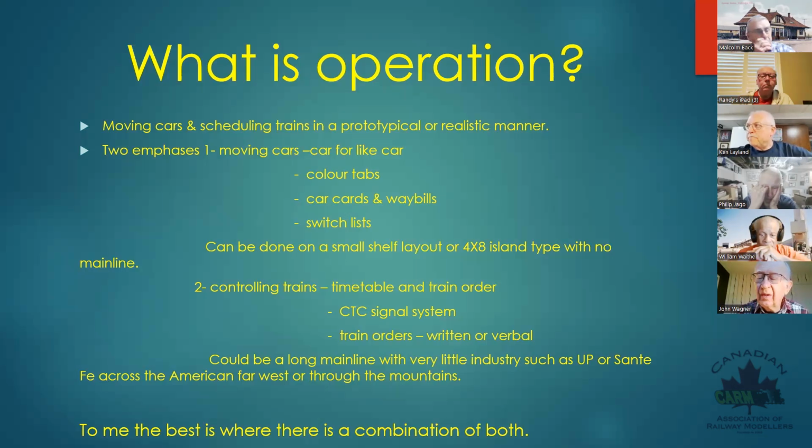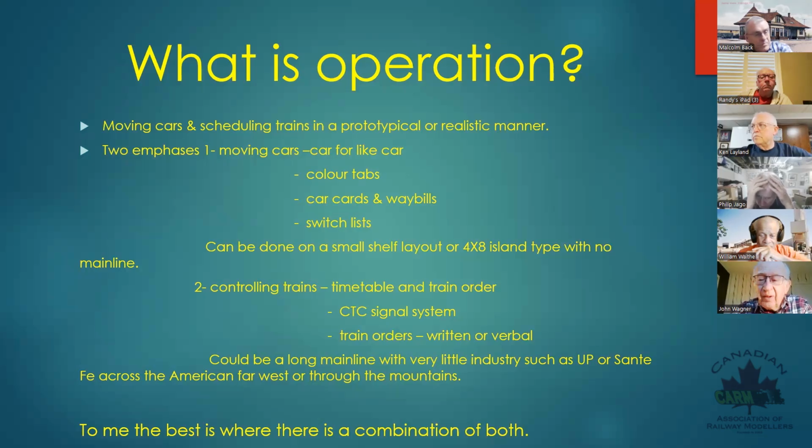I've operated on a couple based in the Western US, either through the mountains or through the prairies, where their focus was on scheduling trains. Where are they going to meet? And do we add helpers and all this type of stuff with very little switching? So there's two extremes. And if you're controlling trains, you've got timetables, you've got CTC, or you just have verbal orders.